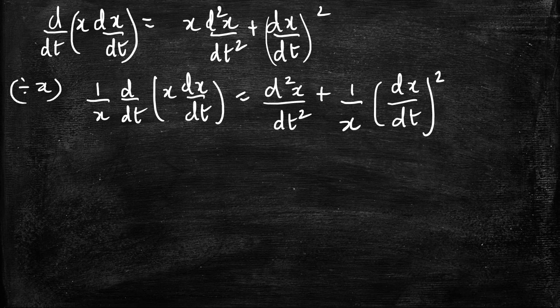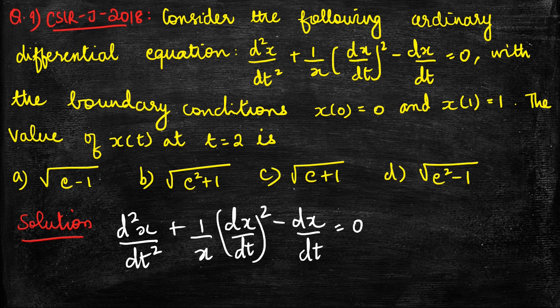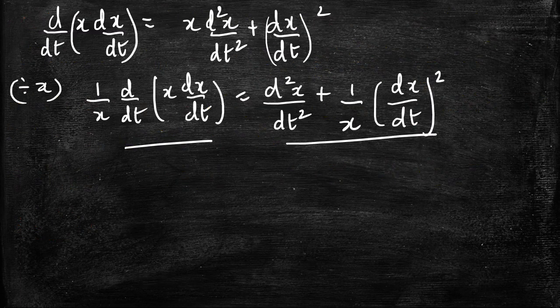So this term can be written as this term. So I can write the first term as 1 by x d by dt of x dx by dt.